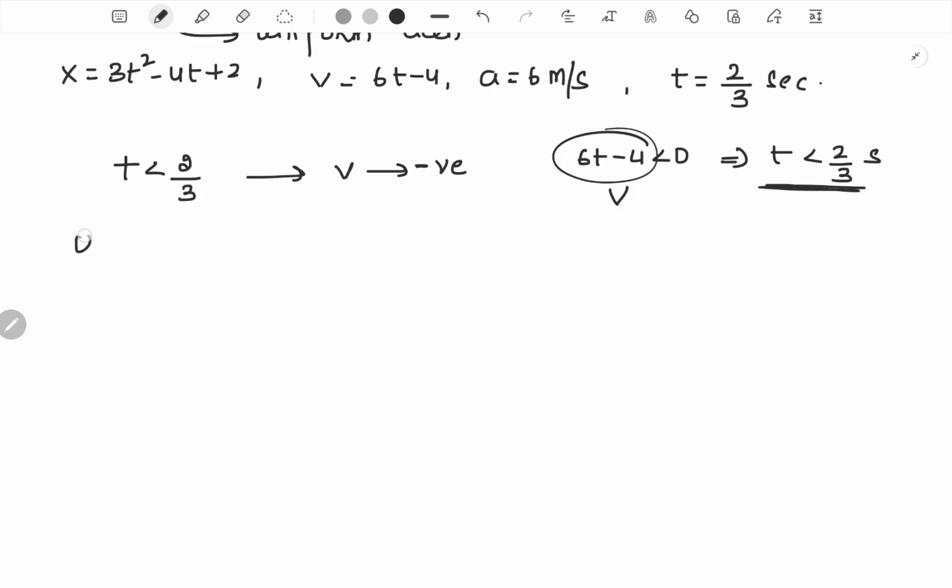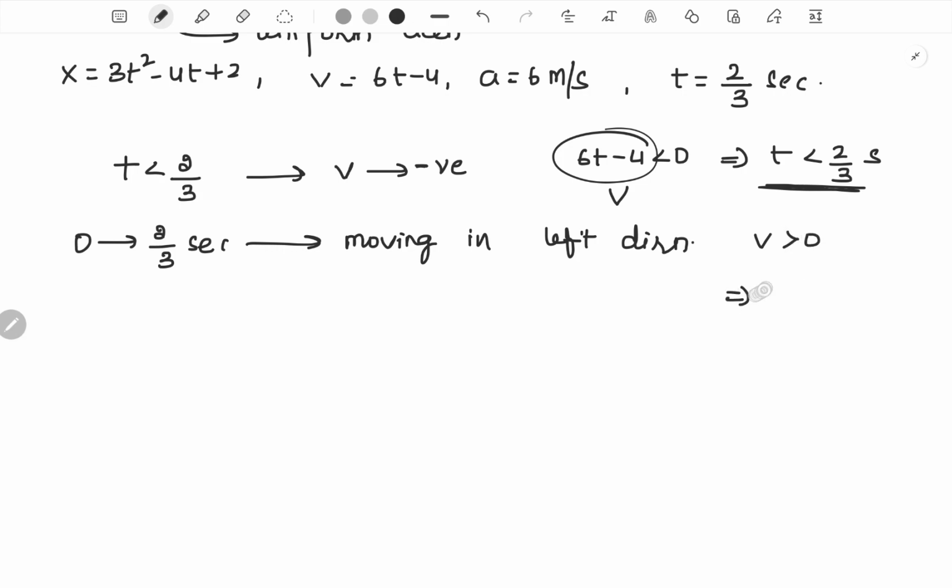That means between 0 and 2 by 3 seconds, the particle was moving in the left direction, or as the particle moves along the x-axis, we can say it's moving towards the negative x-axis. And if we use the condition v greater than 0 and solve 6t minus 4 greater than 0, we get 6t greater than 4, or t greater than 2 by 3.